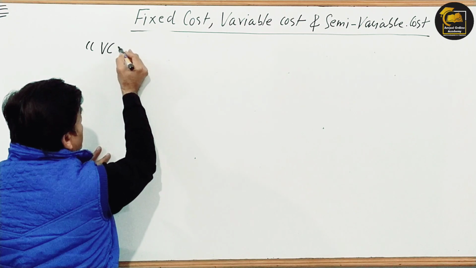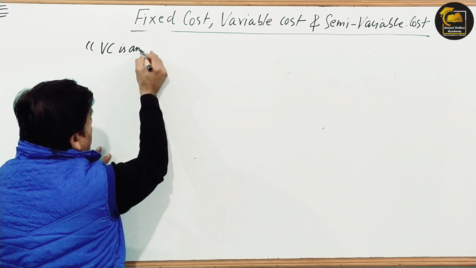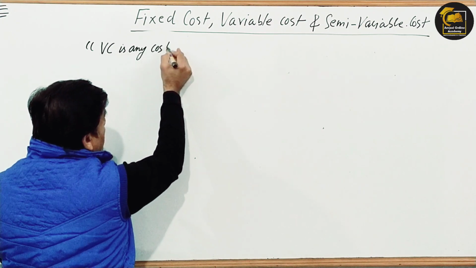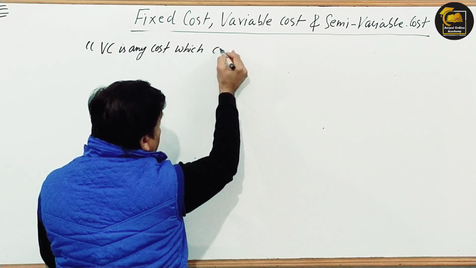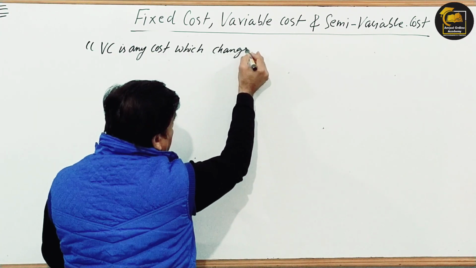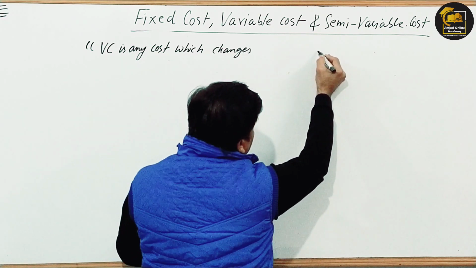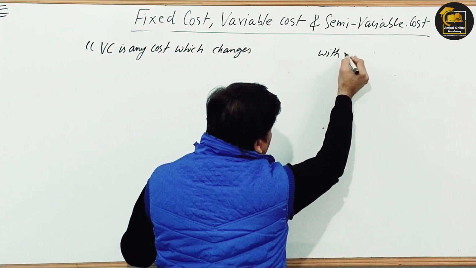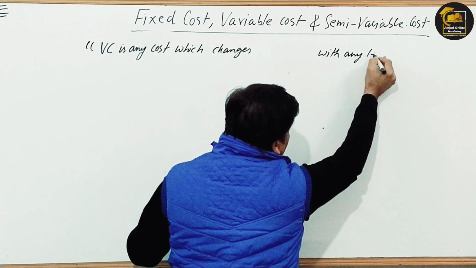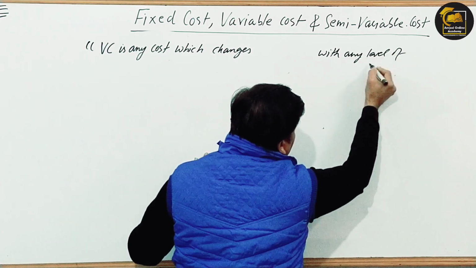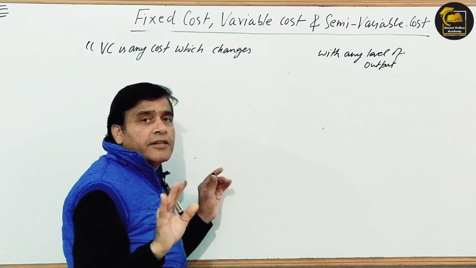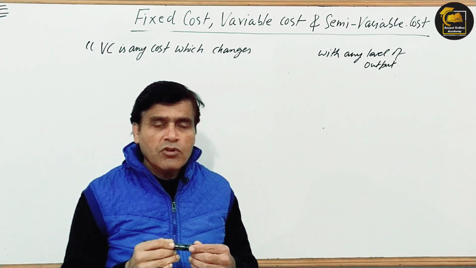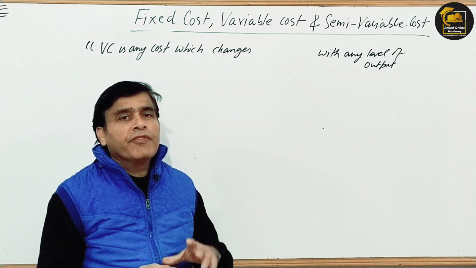Variable cost is any cost which changes with any level of output. It is the simplest definition of variable cost when you are coming to define it.